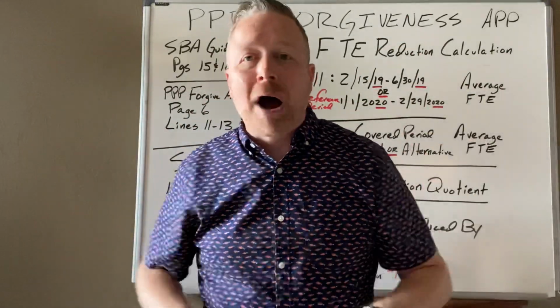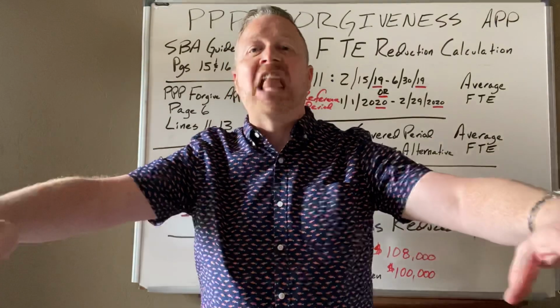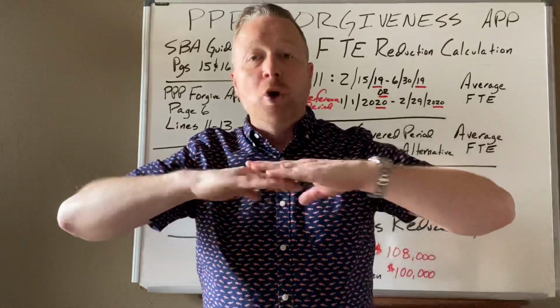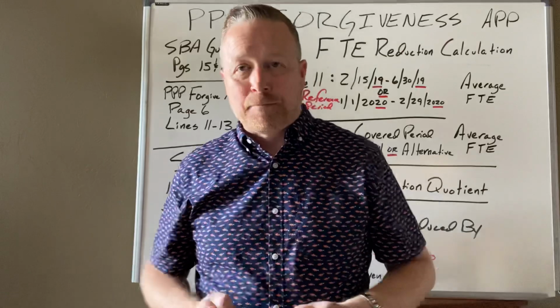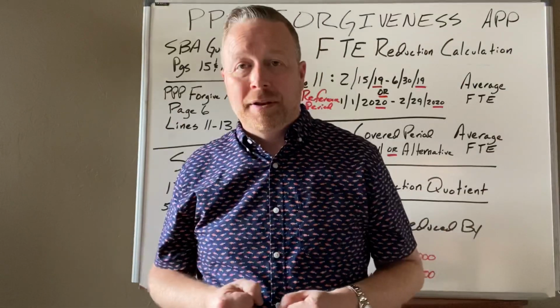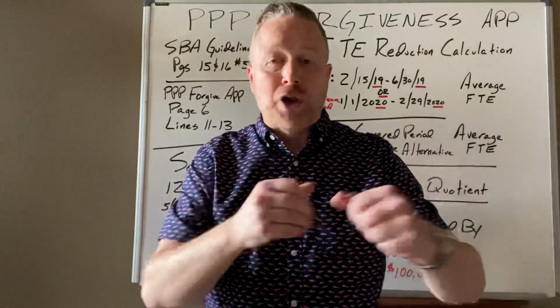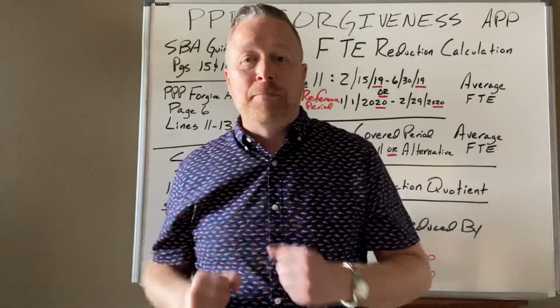You didn't do any monkey business. It was just, here's what I got, here's what I spent, and you did it perfectly and flawlessly, but you only could come up with $100,000 in expenses, okay? Because we know that the $100,000 you have to spend for it to be forgiven, okay?